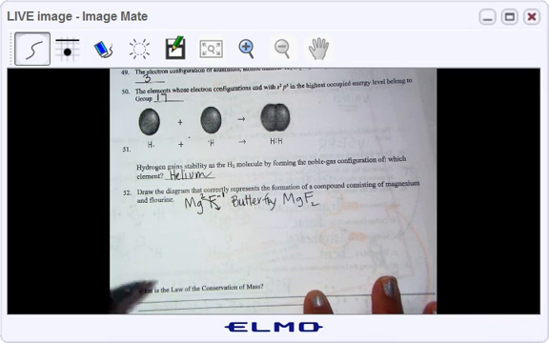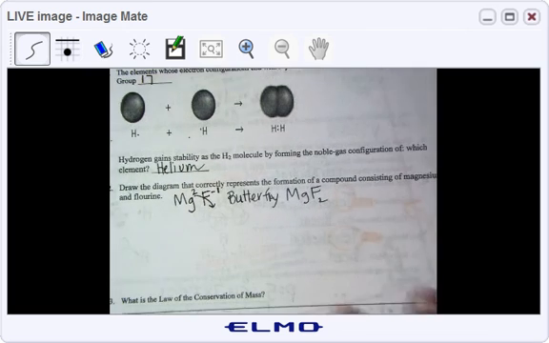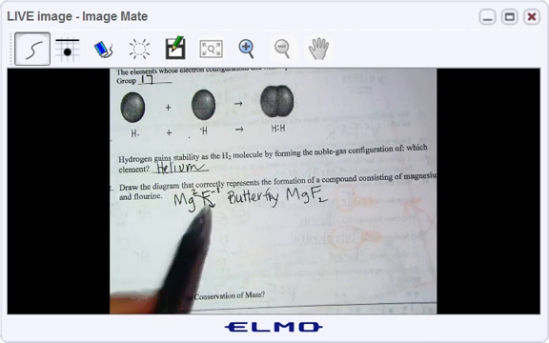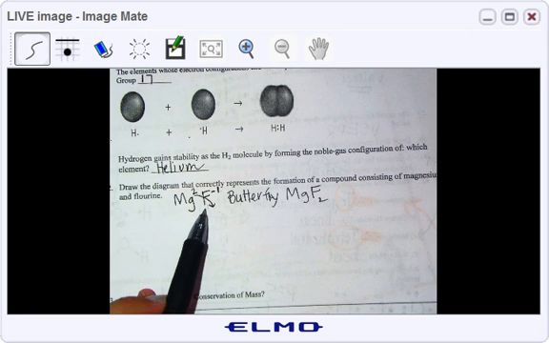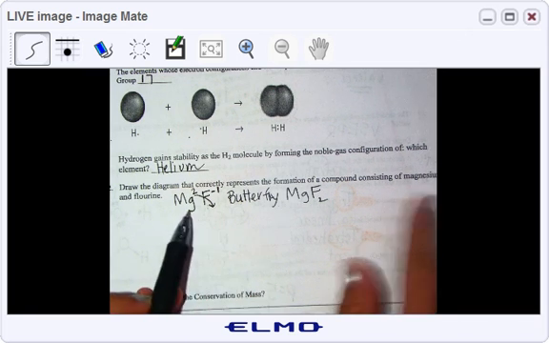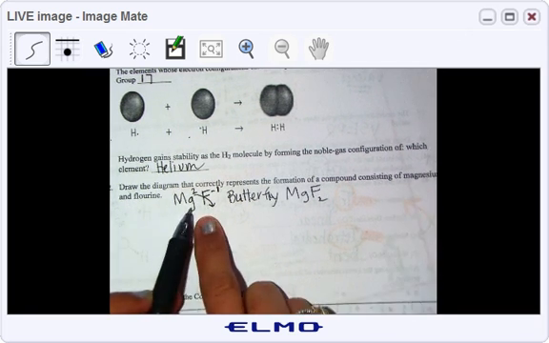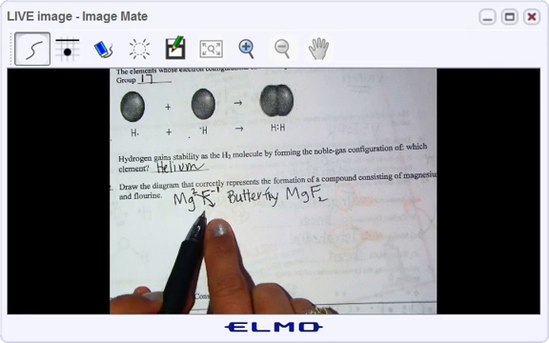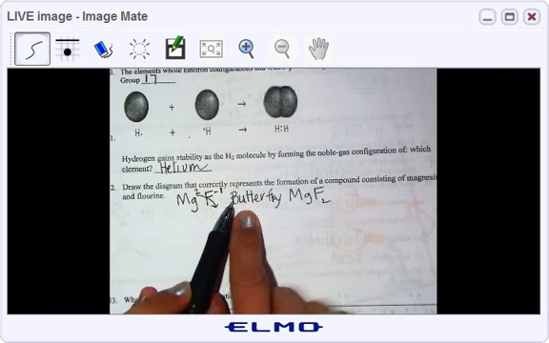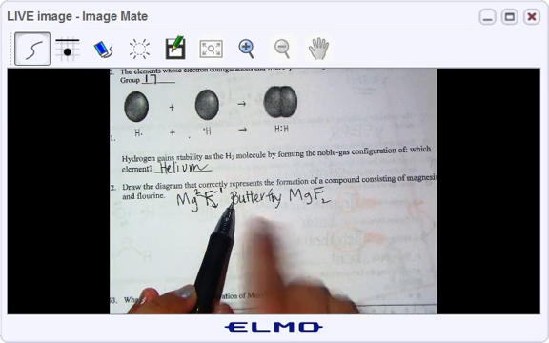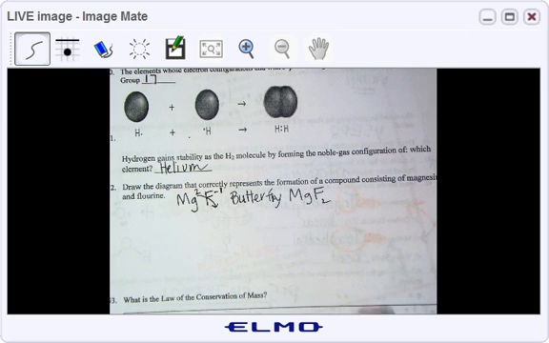Okay, and that's really important to do that step first, because when you draw it, if you didn't do that step, you're going to be looking just for a picture with one fluorine, because you read magnesium fluorine, so you would just look for an Mg and an F. That's why you have to butterfly it, because there's two fluorines. So when you look at the picture, how many fluorines do we need to see? 2.